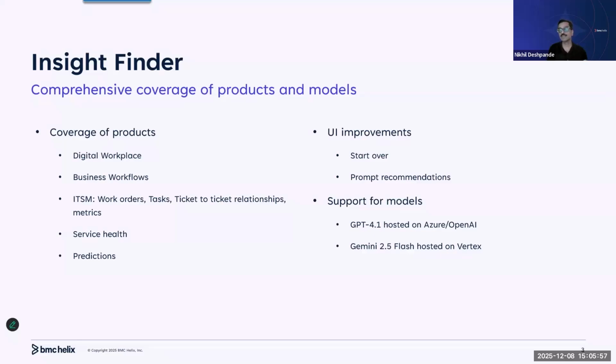Then there are ticket to ticket relationships. So ITSM, by its very nature, supports relationships across different ticket types. Incidents have parent incidents. Incidents are related to problems, changes, releases, tasks, CIs. Likewise, changes are related to other ticket types and to asset CIs.